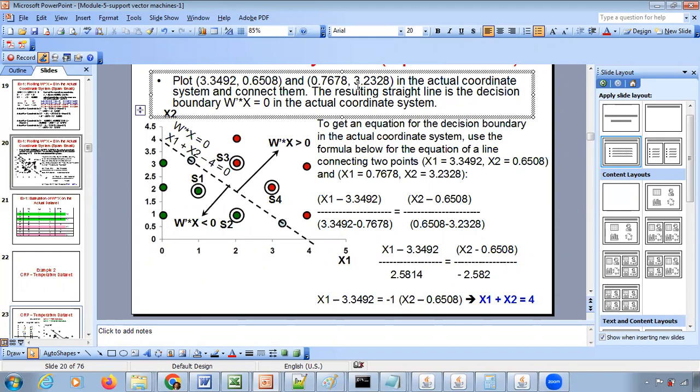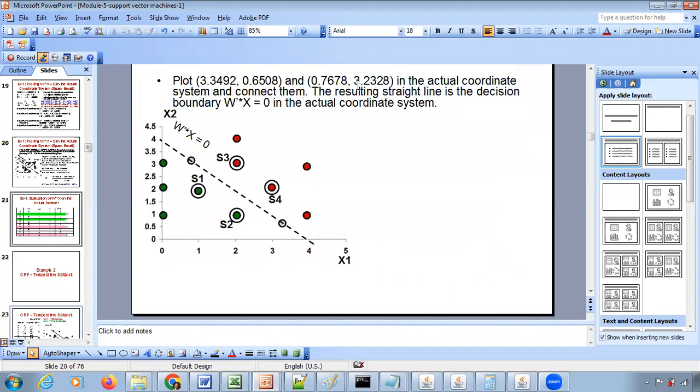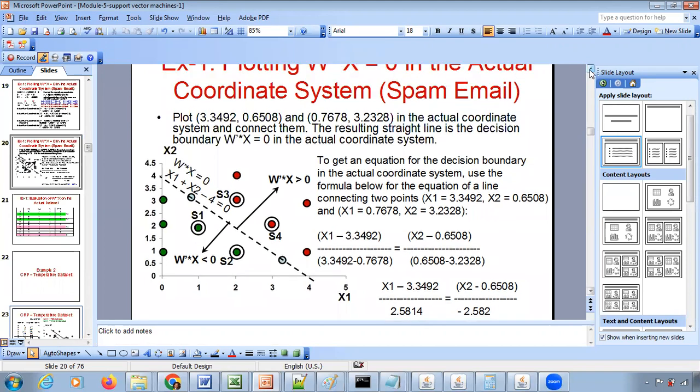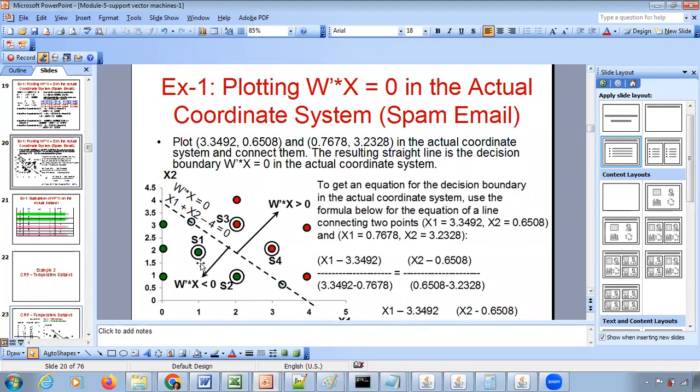And so for any X, if W prime times X is greater than 0, it belongs to class 1. And if it is less than 0, it belongs to class -1. That's the testing we can do for all the points. Again, remember, we used the support vectors in the normalized form.